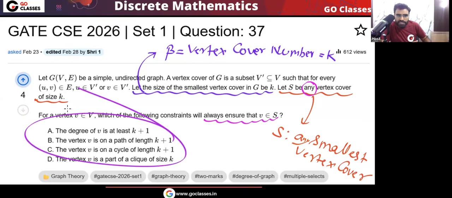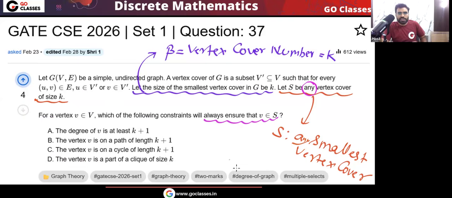So which of them will guarantee that vertex V will belong to all the smallest vertex covers?